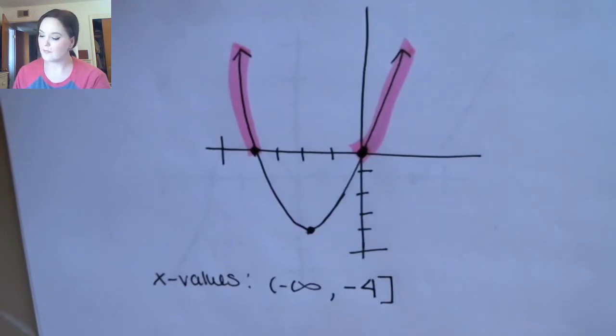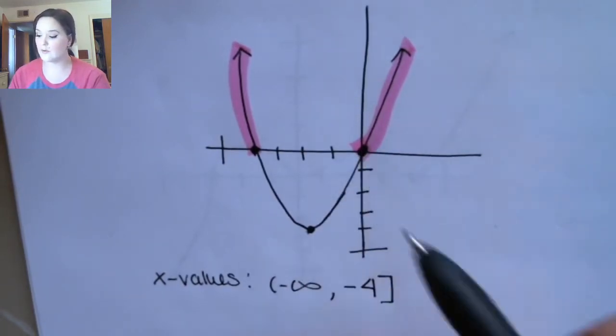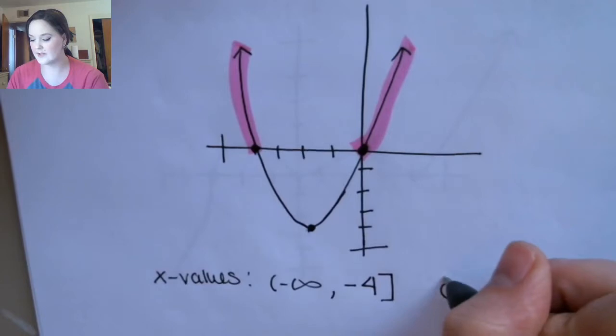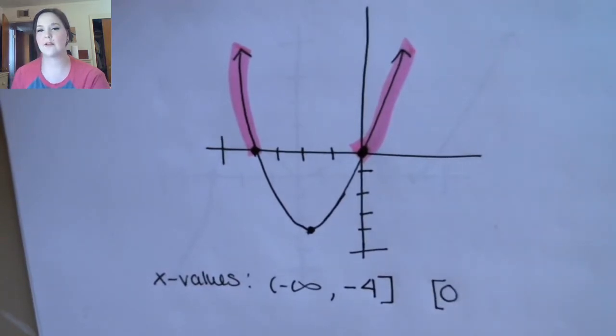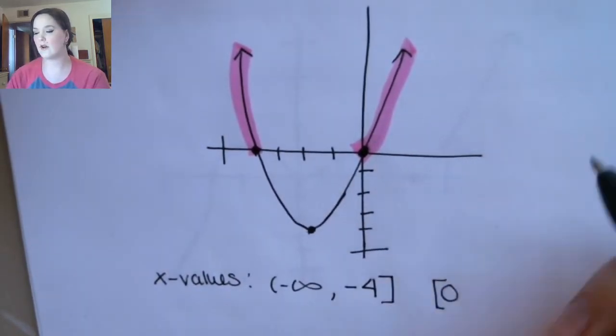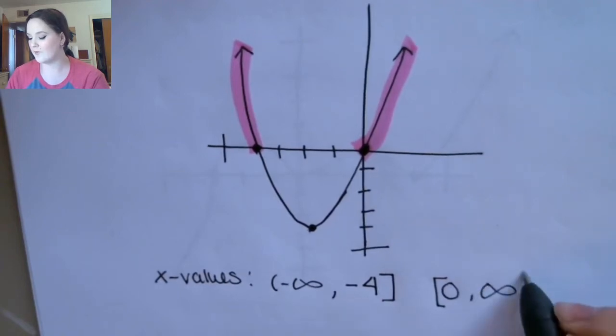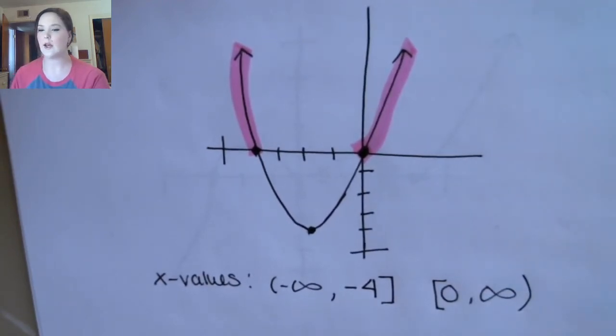Then we're going to look here. Again, we're going to include the x-intercept that's at 0. You include it by using the brackets, and this continues off to the right, so we're going to go off to infinity. And because both of those are our answers, we're going to combine them with the union.